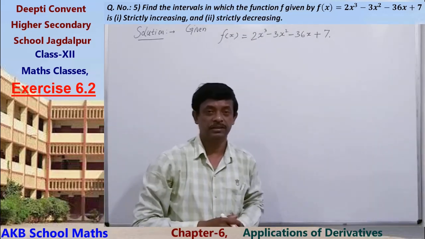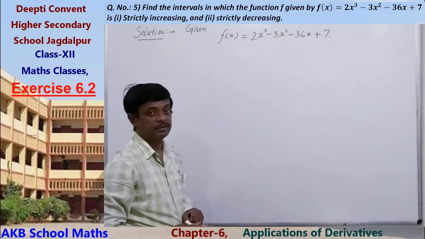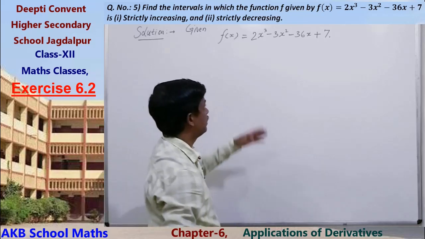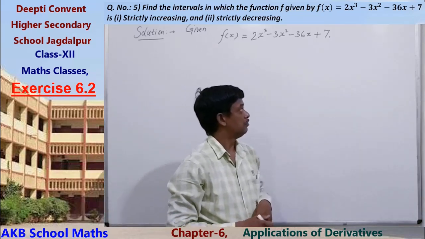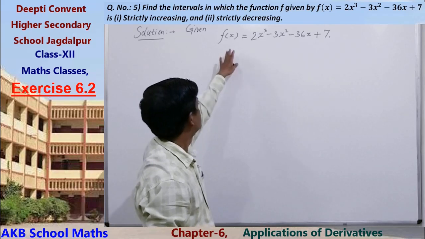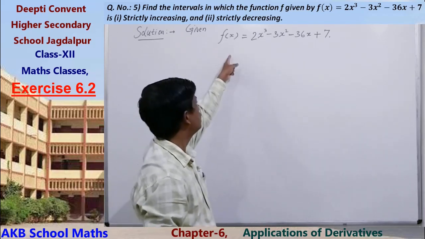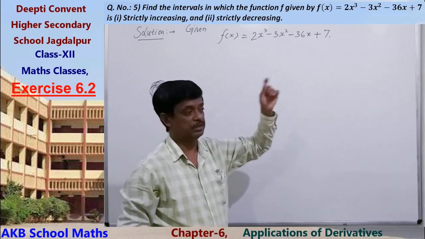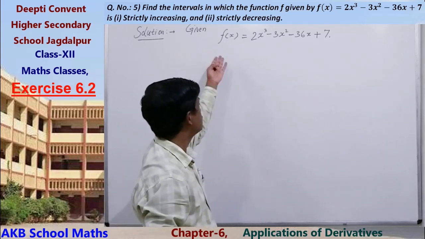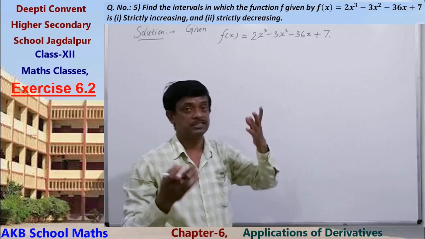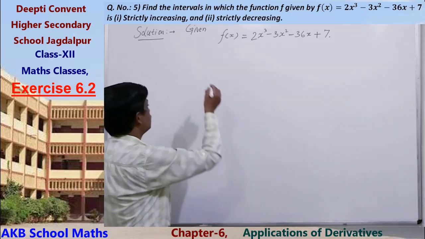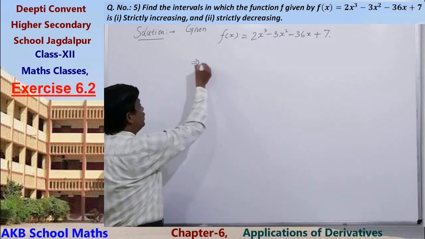We know that if the derivative is greater than 0, then the function is strictly increasing. If the derivative is less than 0, then strictly decreasing. That's why we now try to find the derivative.